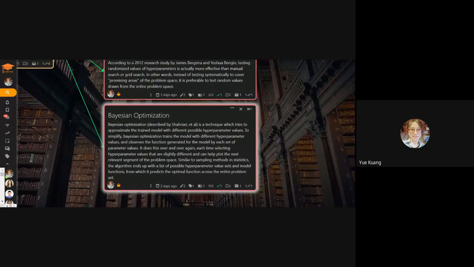And next is Bayesian optimization. It is a technique which tries to approximate the trained model with different possible hyperparameter values. To simplify, Bayesian optimization trains the model with different hyperparameter values and observes the function generated for the model by each set of parameter values.